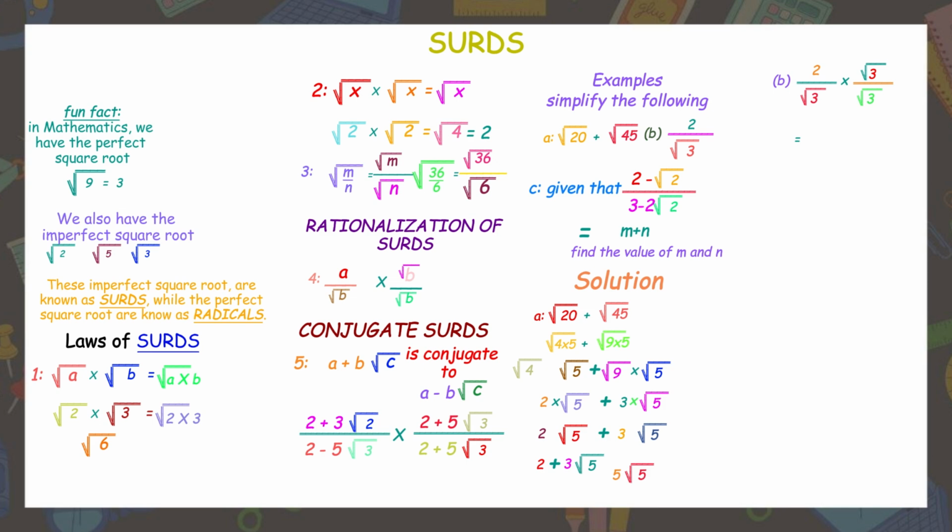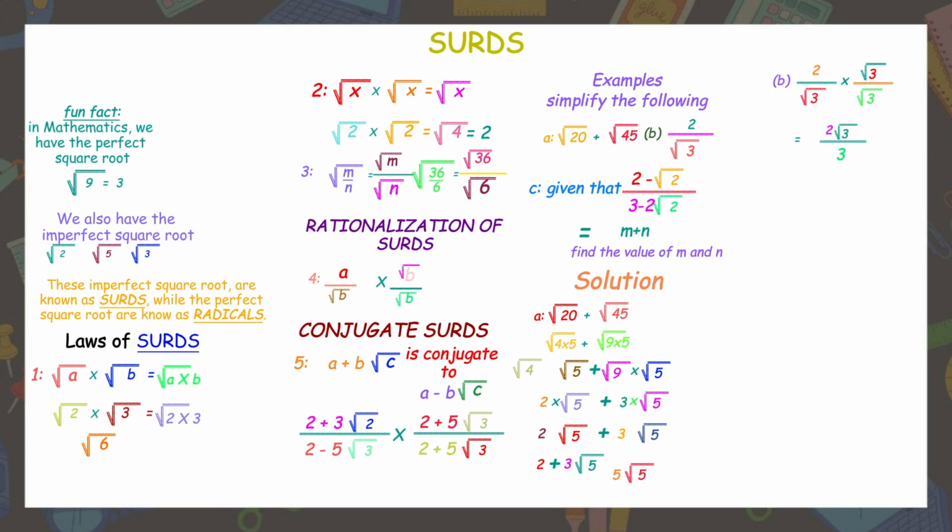So we are going to have 2 multiplied by root 3 will give us 2 root 3 over, according to one of the laws, root 3 times root 3. You remember the other time when we have root x times root x gives us x. So root 3 times root 3 will give us root 9. And what is the square root of 9? It is 3. That is the final answer.